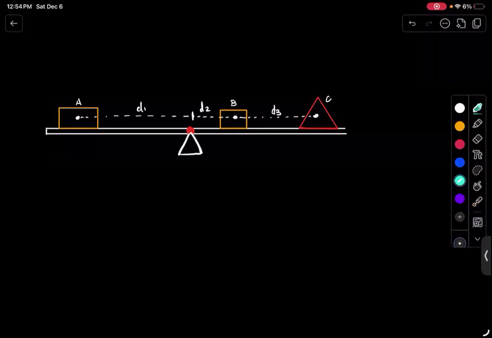Now, this object is going to have a weight of weight B, this is going to have a weight equal to weight C, and this object is going to have a weight of W A in this direction.